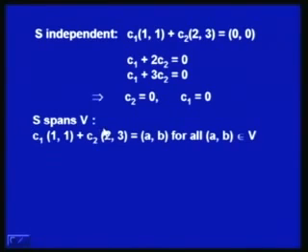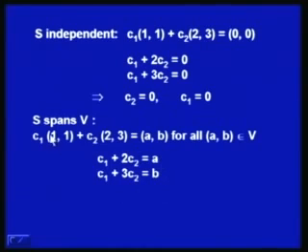The second thing we have to show for the basis is that S spans V. For this we consider a linear combination C1 (1, 1) plus C2 (2, 3), and we show that any vector (a, b) in V can be expressed as this combination. If we can find the solution for this equation, then it is possible, otherwise not. So let us try to solve this system. C1 plus twice C2 is equal to a, and the second component gives us C1 plus 3 times C2 is equal to b.